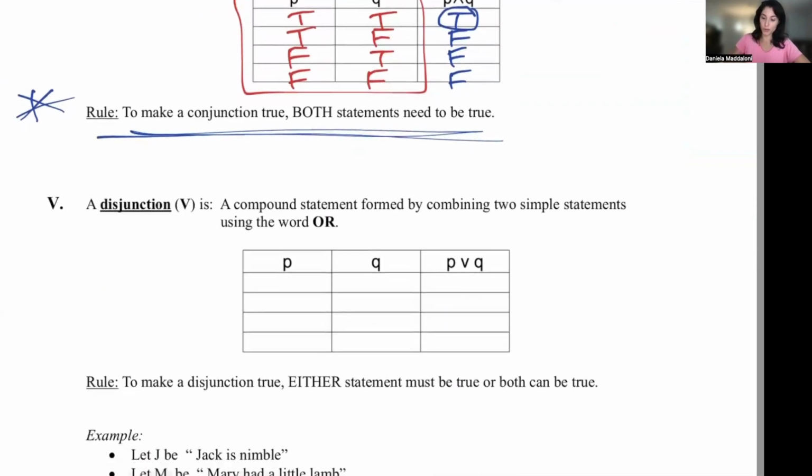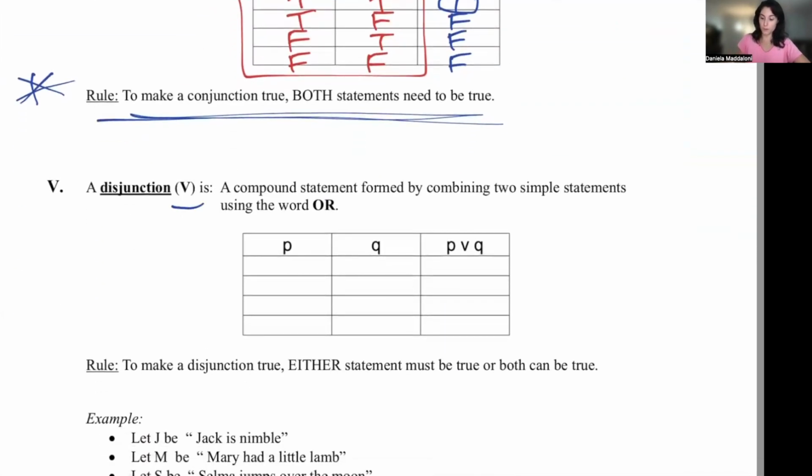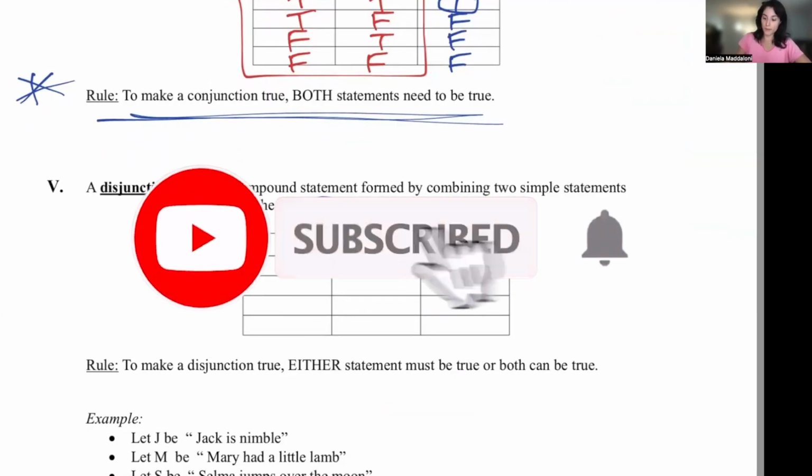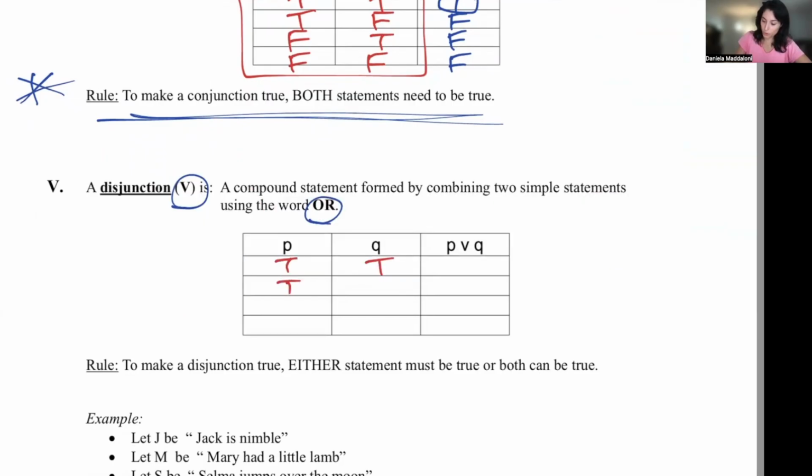Now disjunction, whose symbol is just a V, uses the word or. If we look at the same scenarios, true true, true false, false true, and false false, what would the disjunction of P and Q look like in each of the four scenarios?